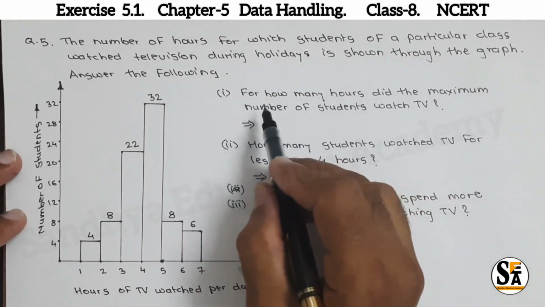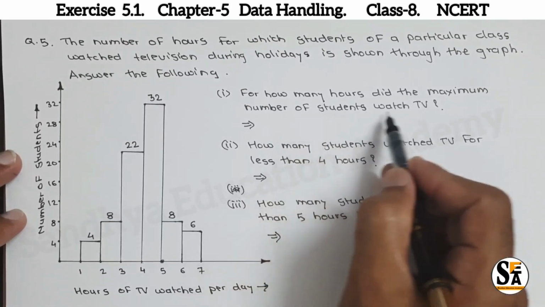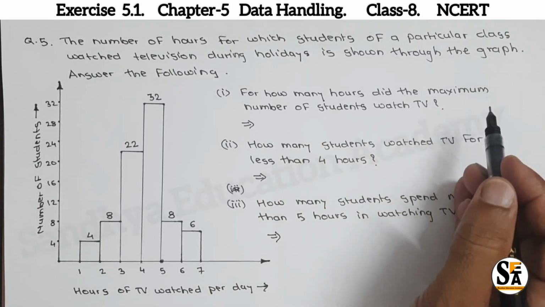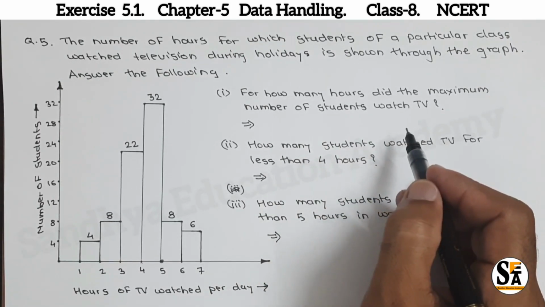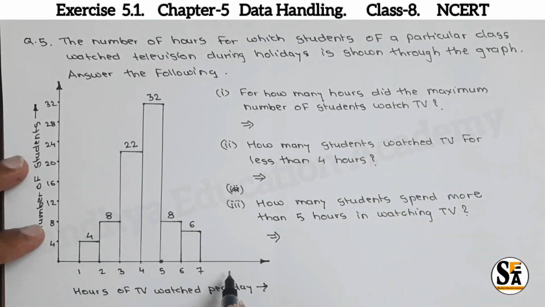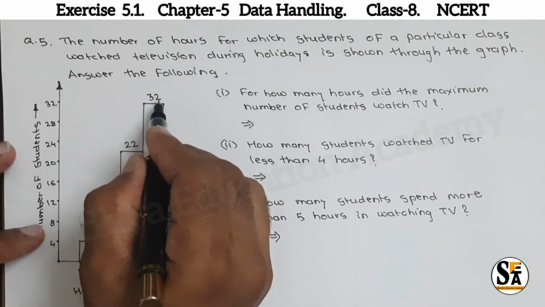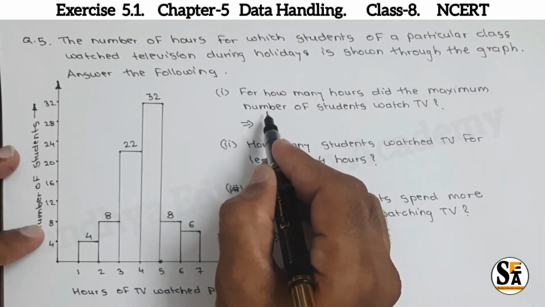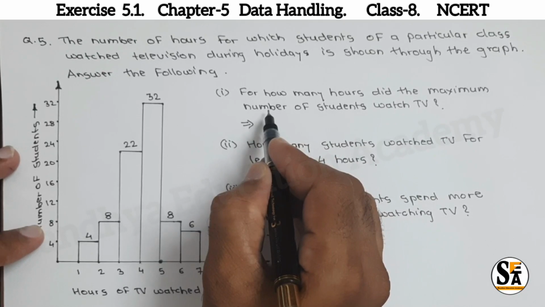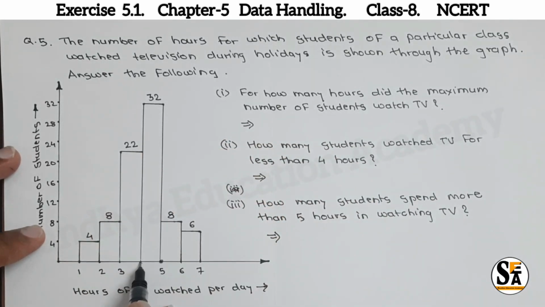So what is the first question? For how many hours did the maximum number of students watch TV? What is given? What is asked? For how many hours? These are the hours. So it clearly indicates 32 is the maximum number. What is asked? Maximum number. What is the maximum number? 32, and it lies in the class interval of 4 to 5.